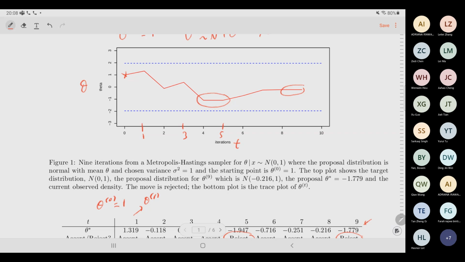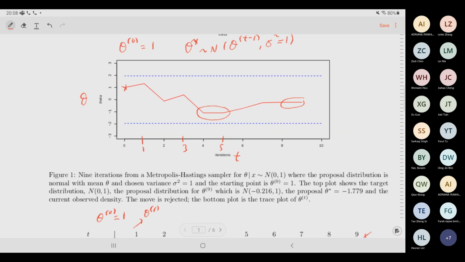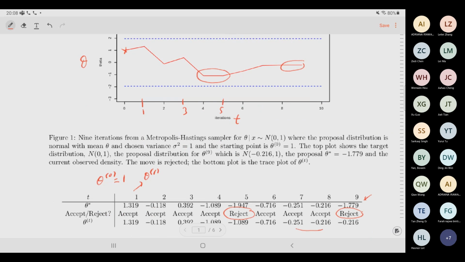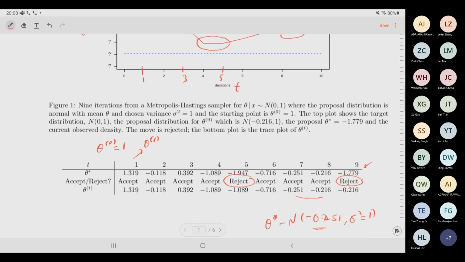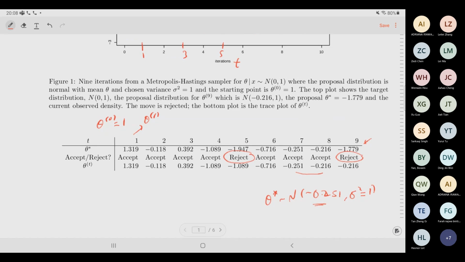Okay, so this is when you have 9. Usually people will use more than 9, but because this is just for illustration, you can see the graph of the movement of theta, and you want to see the values of the proposal and also whether the theta is accepted or rejected. Okay, so then you get this figure.